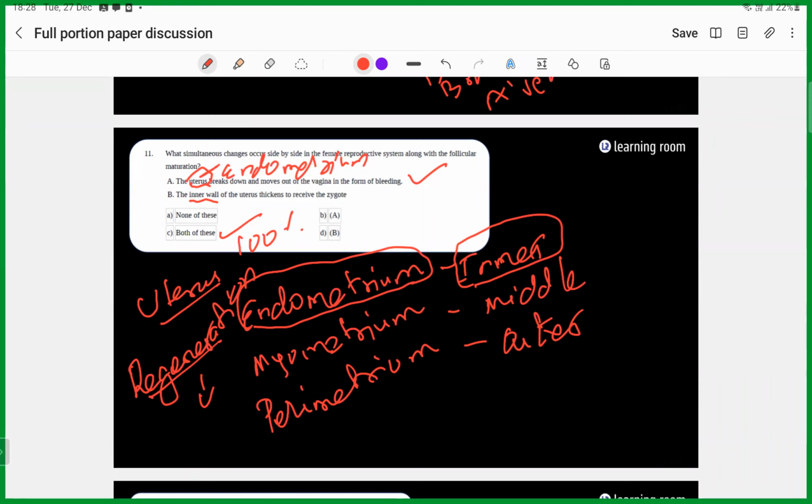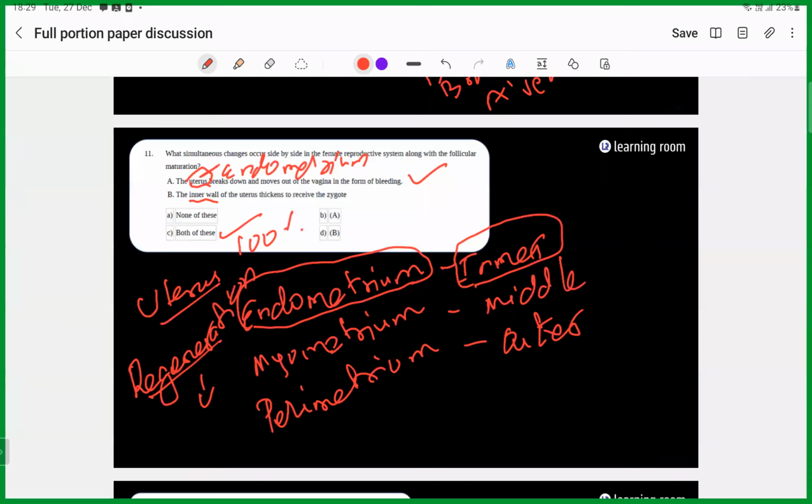The endometrium breaks down and results in bleeding. That is followed by, after breakdown, it regenerates and thickens and is ready for receiving the zygote. Is it clear? Okay, sir. Yes, sir.